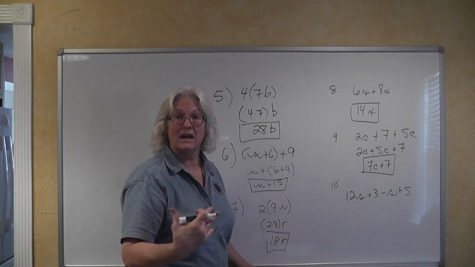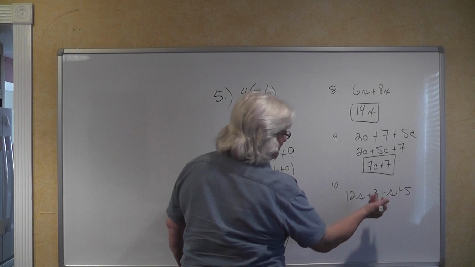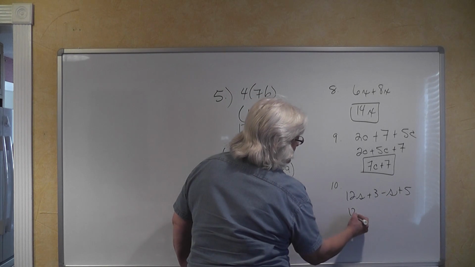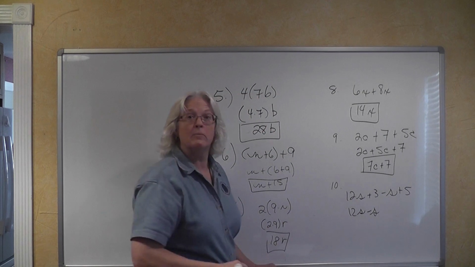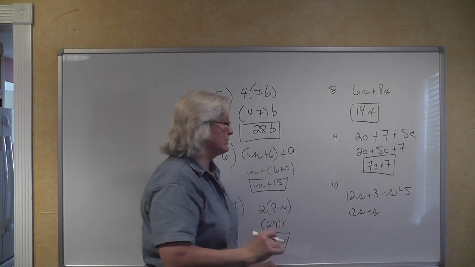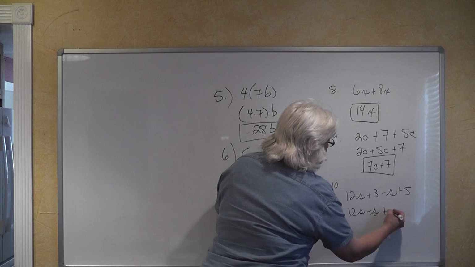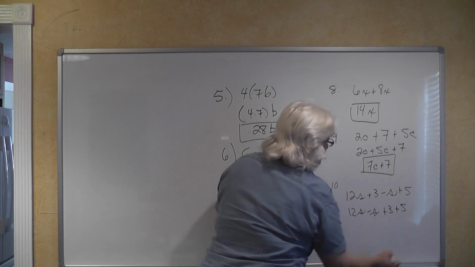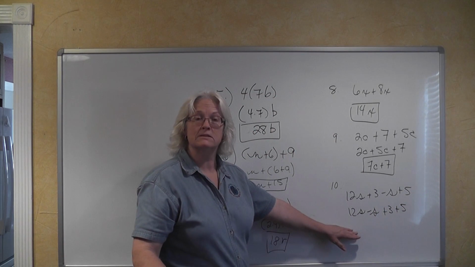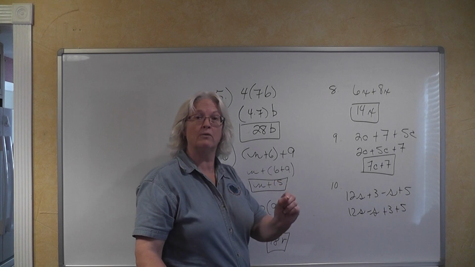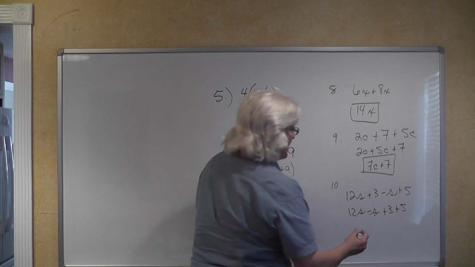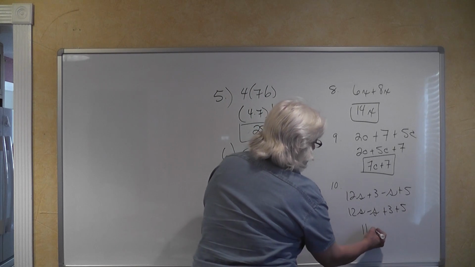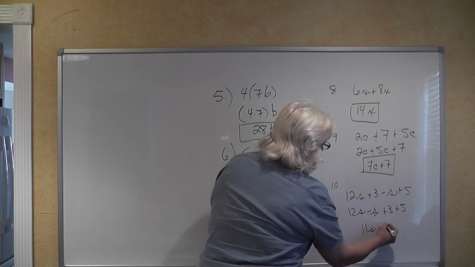I dislike using s's myself for that very reason. 12s minus s. Remember, the sign always goes along with the term. Plus 3 plus 5. 12s minus s is not 12s. Remember, there's one s here, so 12 minus 1 is 11s plus 8.